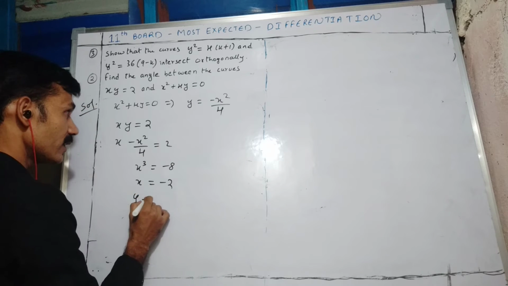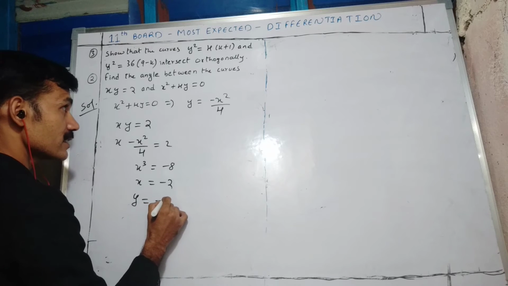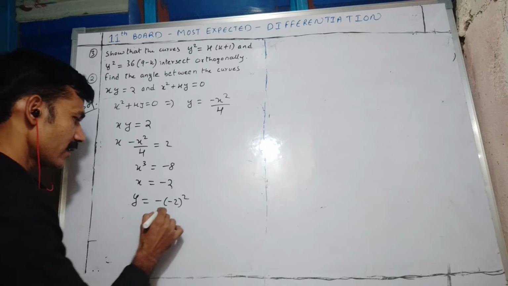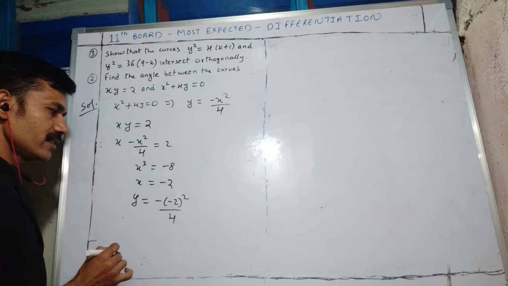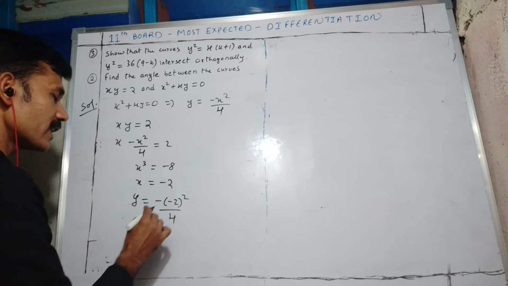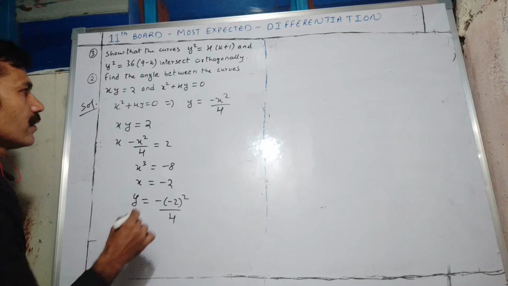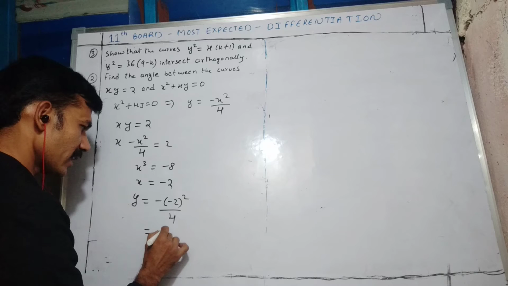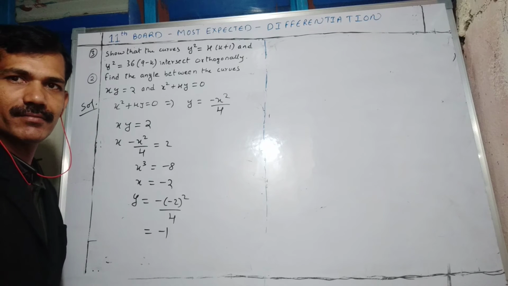Okay, then we can find the y value also. How much y value will we get? Minus 2 whole square, x square upon 4. That is how much we are going to get? Okay, that is 4 upon 4. 1 we will get, that is minus 1 we are going to get.